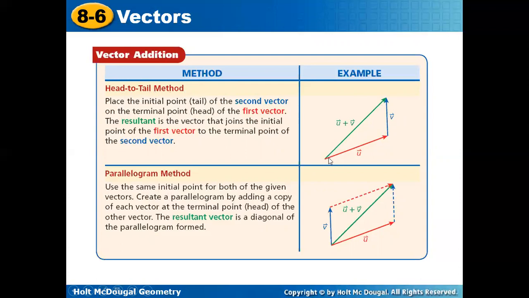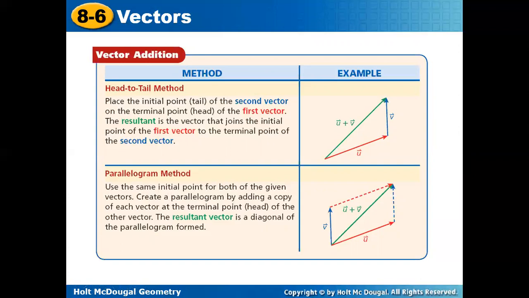Look here, if I start from this point, the first vector u, we start from here and we end here. We add this vector to another vector, the second vector v, but the second vector must start from the end point of the first vector. So the initial point of the second vector must be the end point, or the terminal point, of the first, and then go to its terminal.